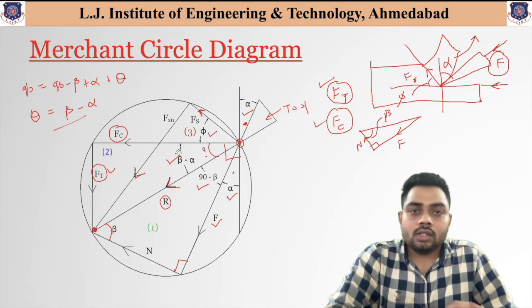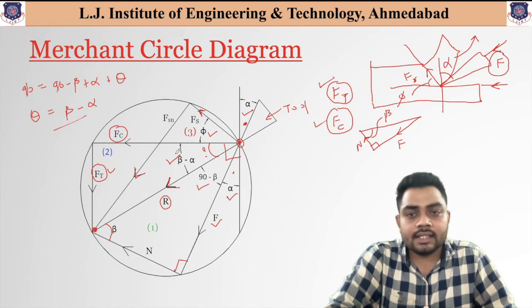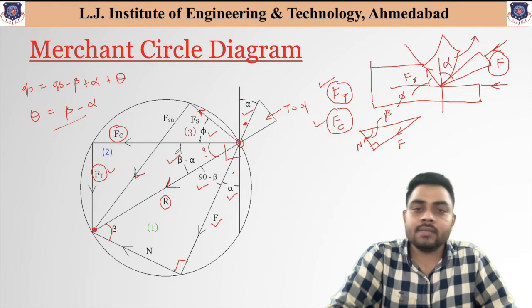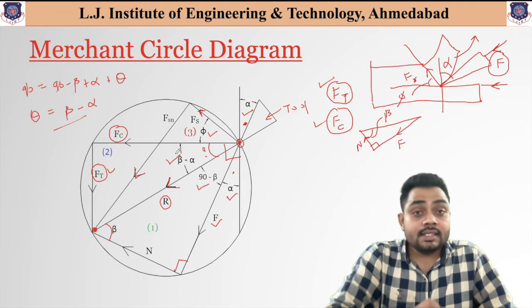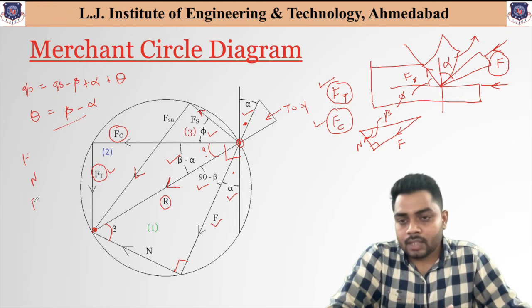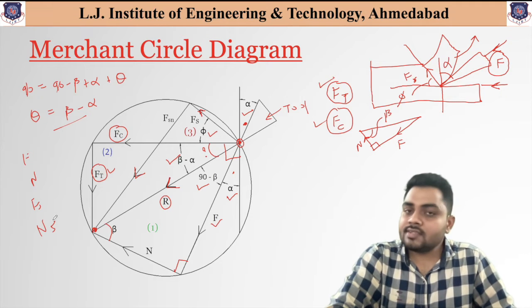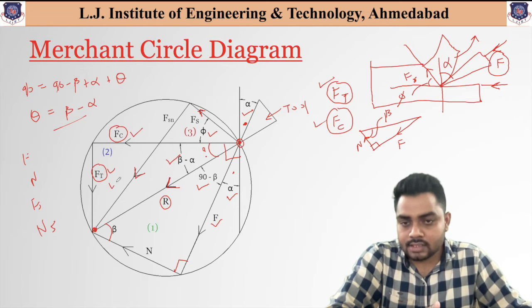Okay, so all the necessary forces and angles are indicated over here, and this entire diagram is known as the merchant circle diagram. Now we know that two combinations of forces are available: the actual forces, that is F, N, Fs and Ns, and the two measurable forces, that is the cutting force and the thrust force.